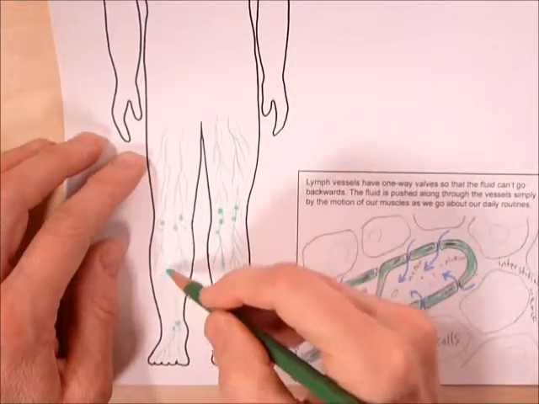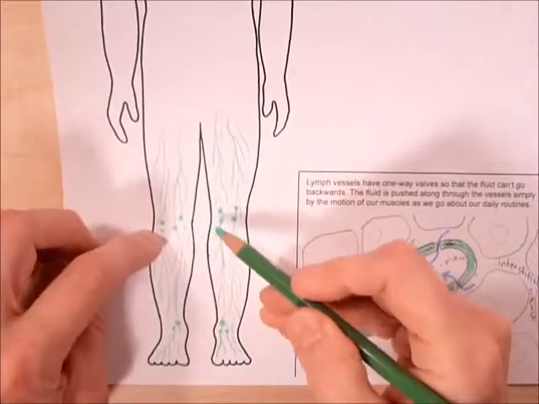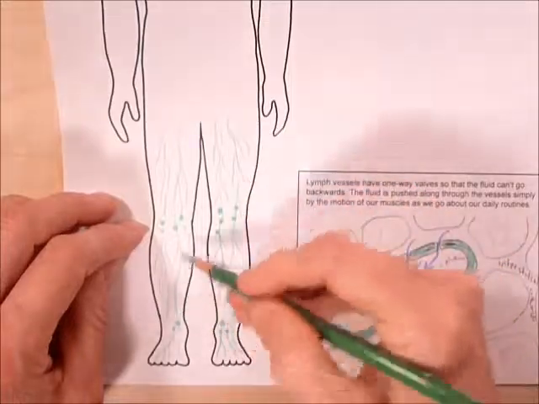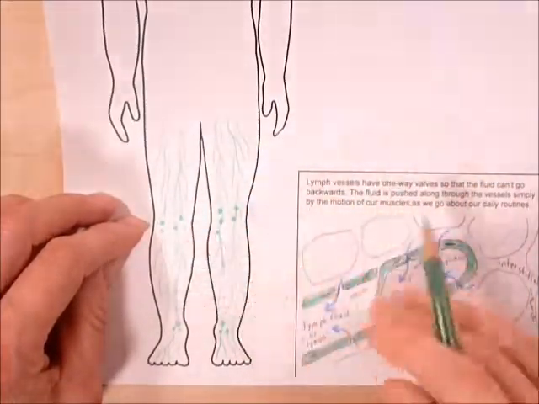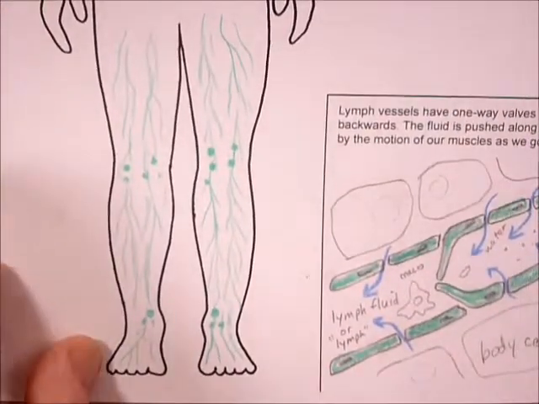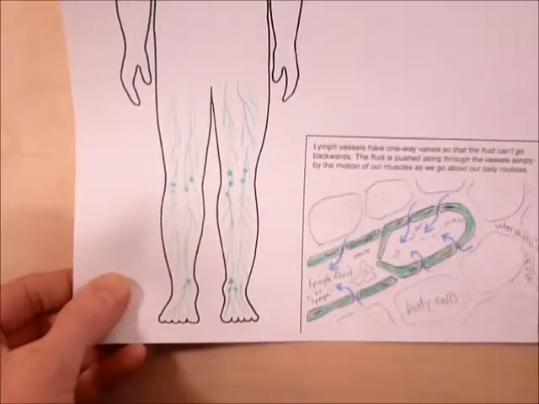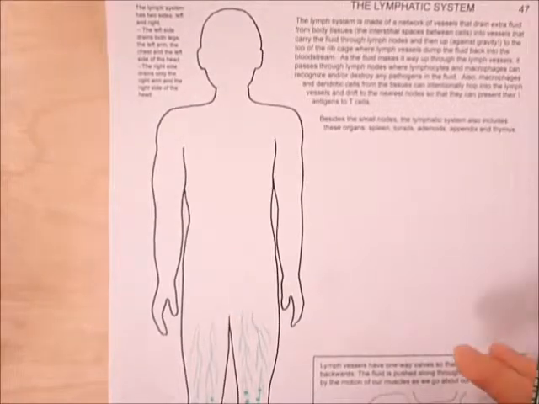You'd have a couple there. Not quite so many in the leg. They tend to be around joints, like meeting areas like that. Ankles, knees, and then the abdomen, you got a bunch. Okay, just something like that. See that? Okay, doesn't have to look just like that. Just so you get the idea that it's branching and it has these little lymph stops, nodes.